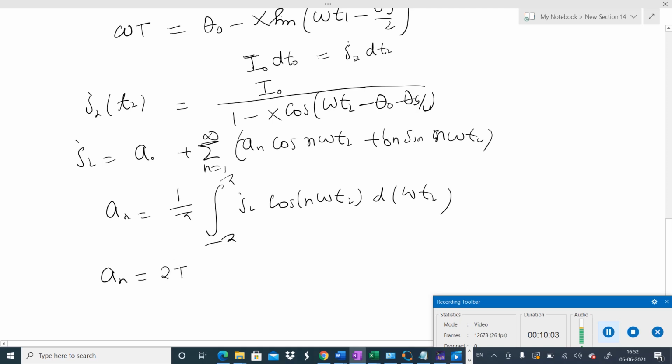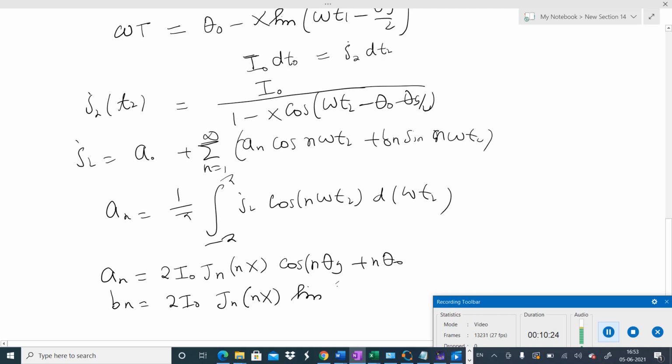An comes out to be 2I naught Jn of nx cos of n theta g plus n theta naught, and Bn as 2I naught Jn of nx sine of n theta g plus n theta naught.